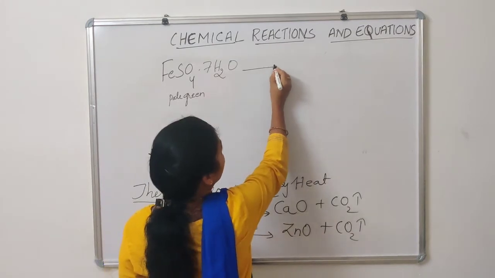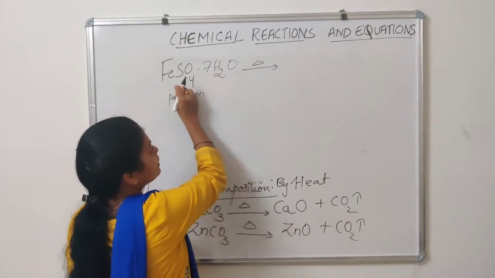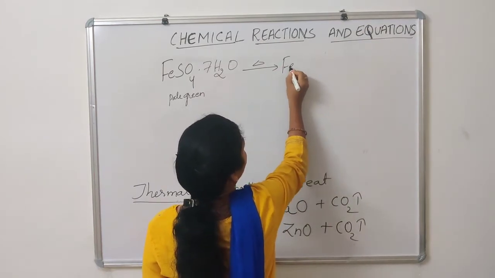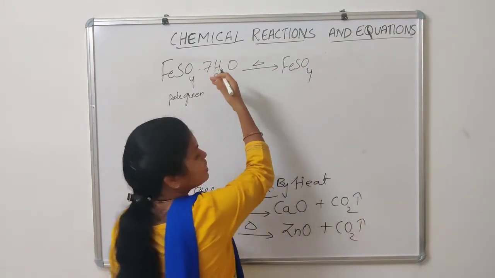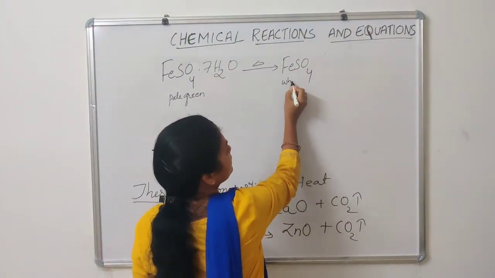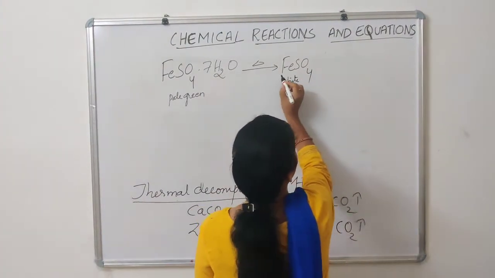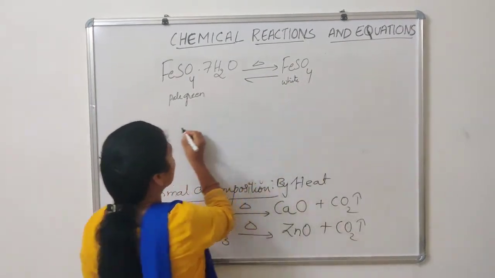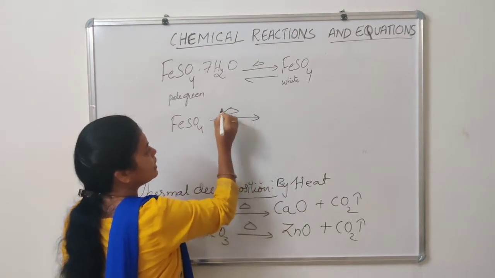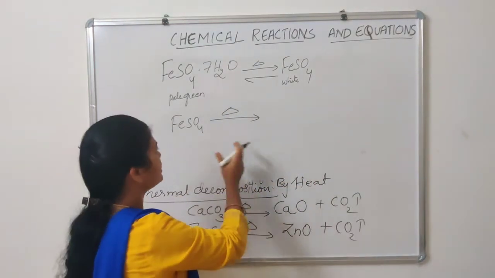On heating, it gets decomposed. First, initially it forms iron sulfate, the 7 molecules of water go away, and it is white. And this can be reversible. On further heating, the decomposition reaction actually takes place.